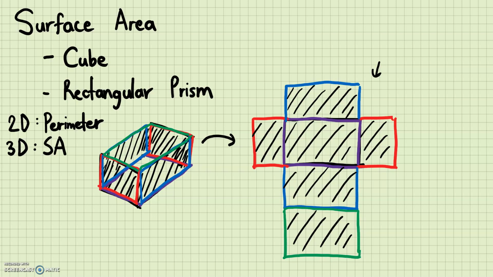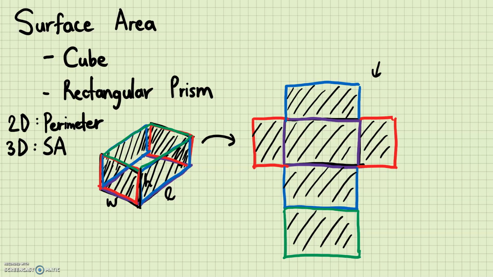So how would you find the area of the rectangles? Let me label in our original diagram that this part is the length, this part is the width, and this part right here is the height. So we only need these 3 measurements to find the surface area.